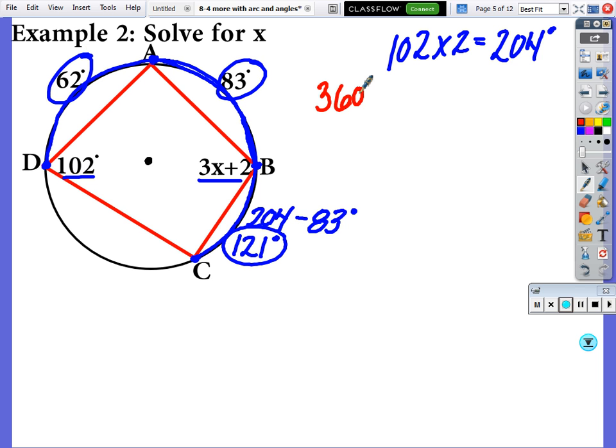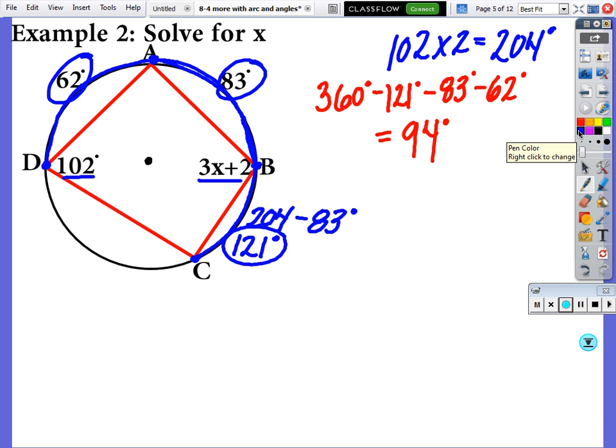So I'm going to do 360 degrees minus 121 degrees minus 83 degrees minus 62 degrees. So we do that, 360 minus 121 minus 83 minus 62, you'll get 94 degrees. So this piece now, I just figured it out, from here to here is 94 degrees.